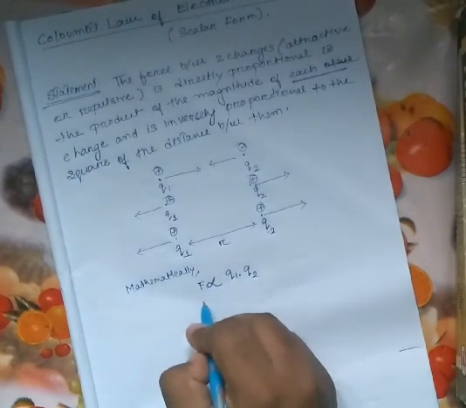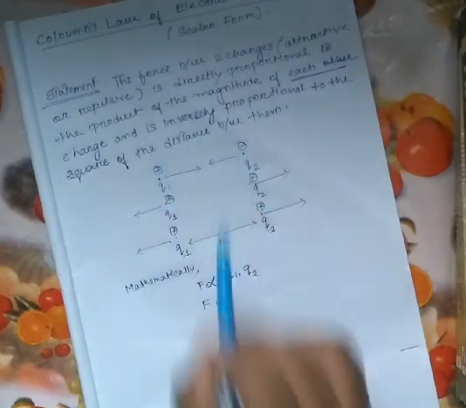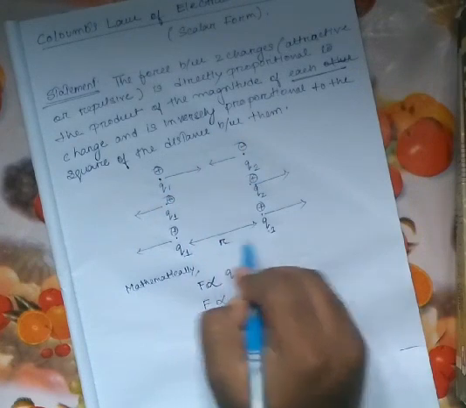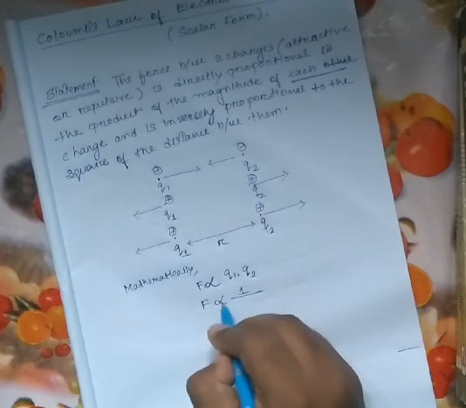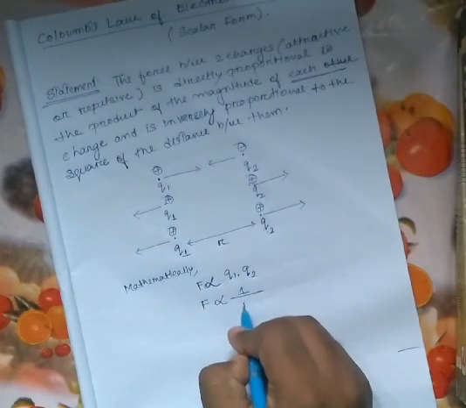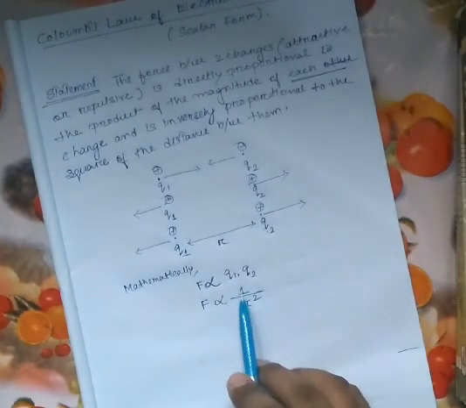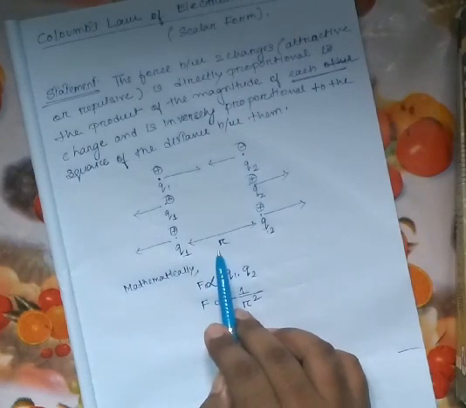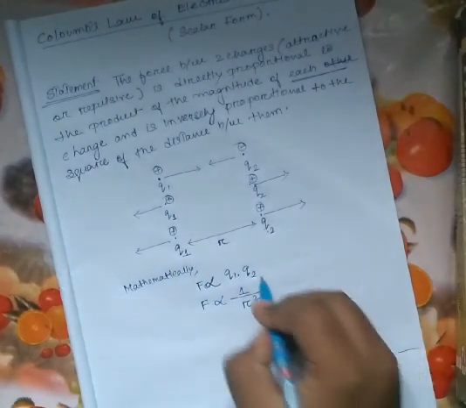And the force is also inversely proportional to the square of the distance between them. Here we have considered R as the distance between the two charges, so it is inversely proportional, which we write below, as a divide. It is inversely proportional to the square of the distance. This R comes from here, as we have considered the distance between two point charges to be R.